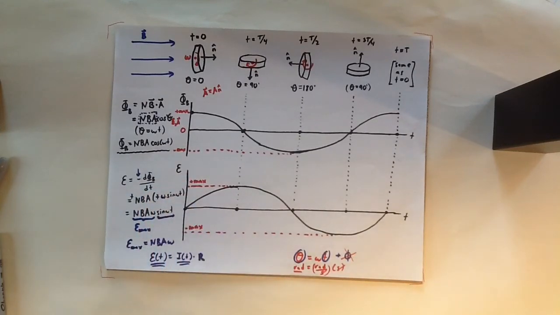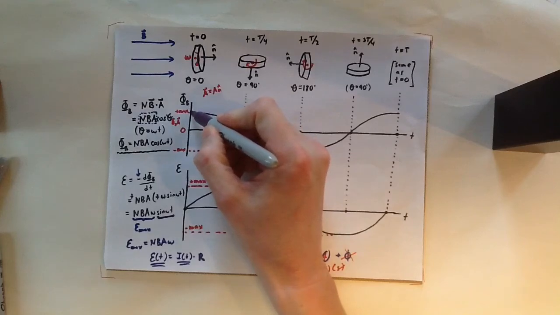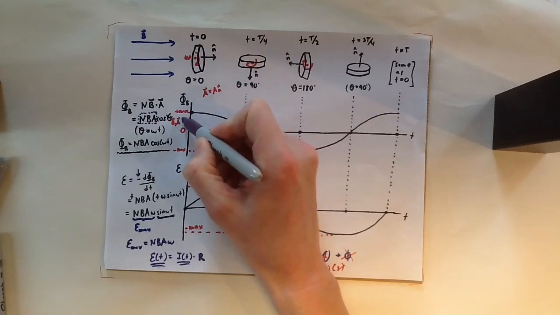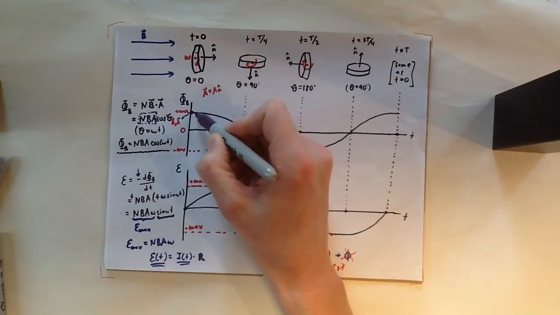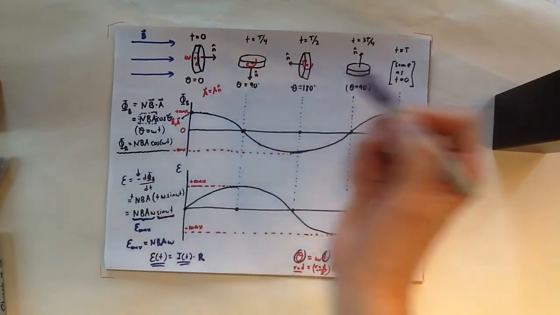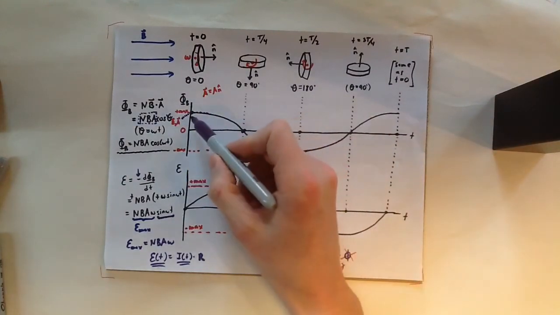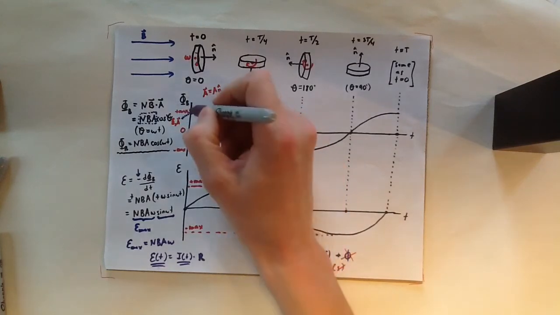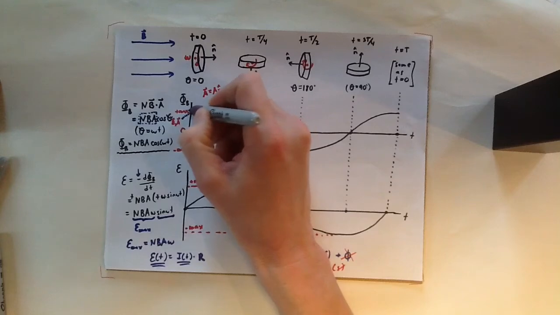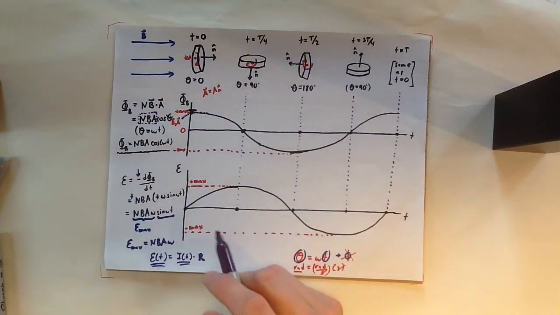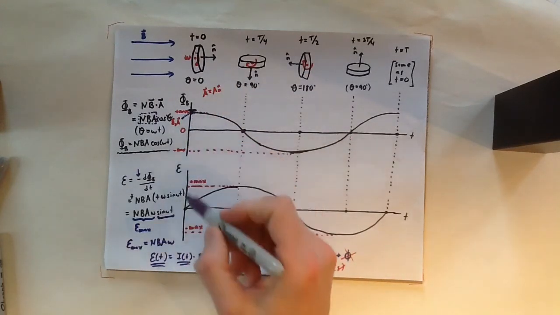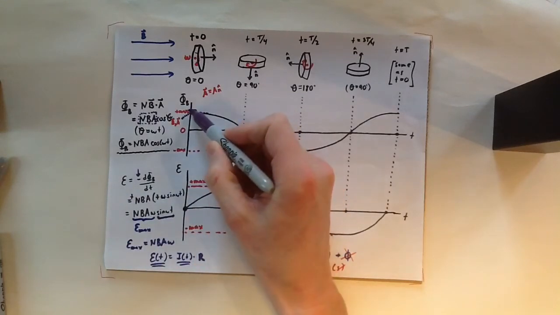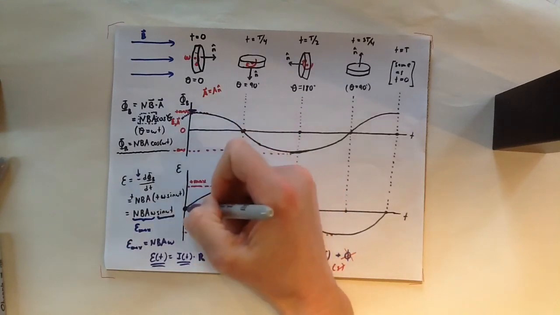Even though the flux here is maximum, you have just finished growing up to that maximum value, and you're just about to go back down from it. Of course, when you're at the maximum, there's only one way to go. So the slope is zero, so its rate of change is zero, and that's what the EMF is tied to. Even though the flux itself is maximum, because the slope is zero, the EMF is zero.